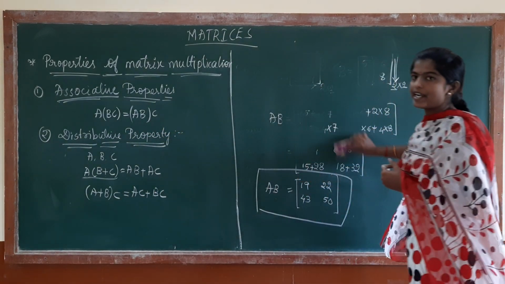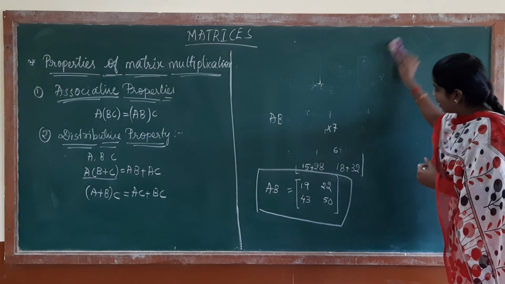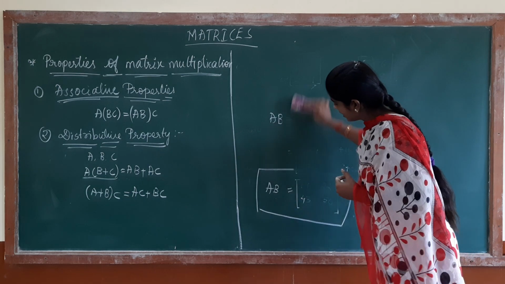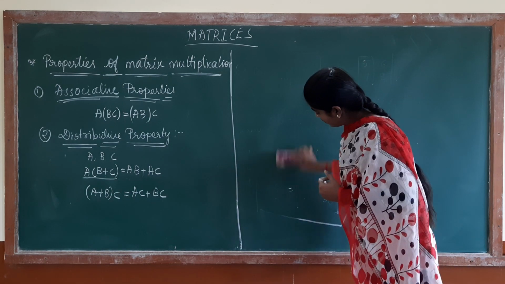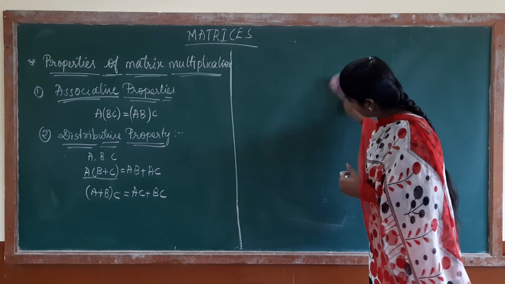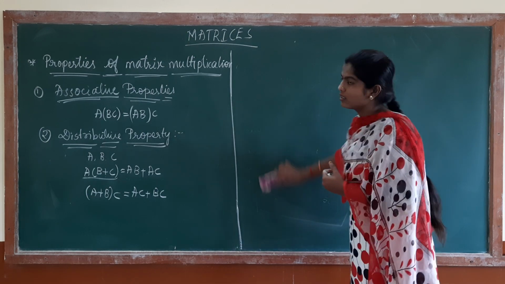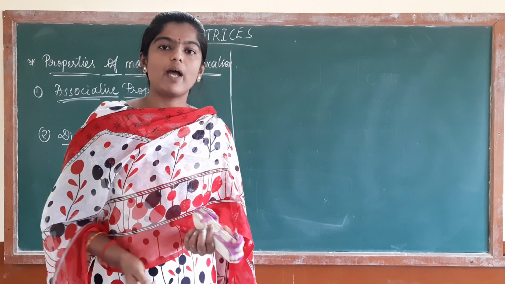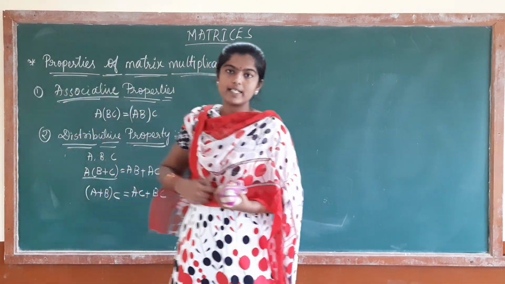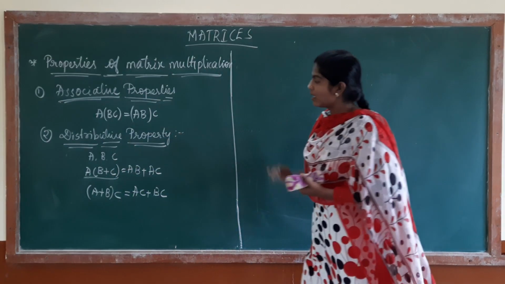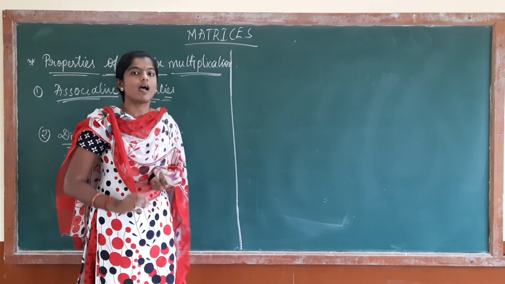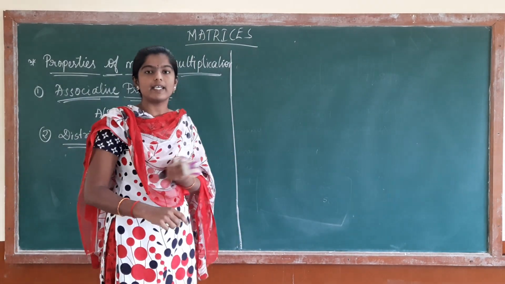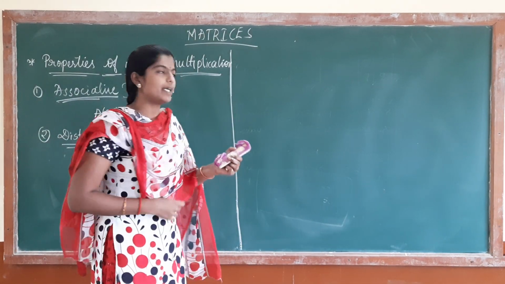as in the addition of matrices, we have the existence of an identity. What is the identity of matrix addition? The zero matrix is the additive identity for matrix addition. Similarly, in this case, the multiplicative identity is the identity matrix.